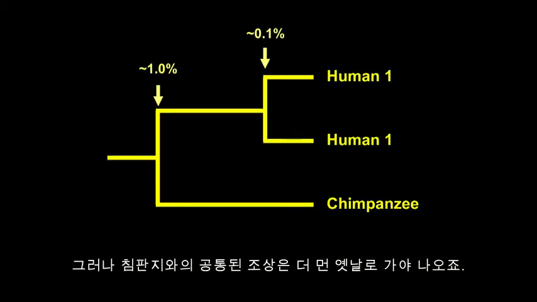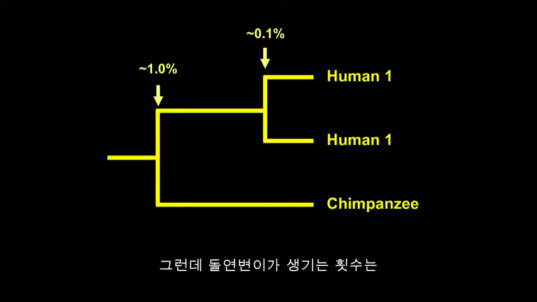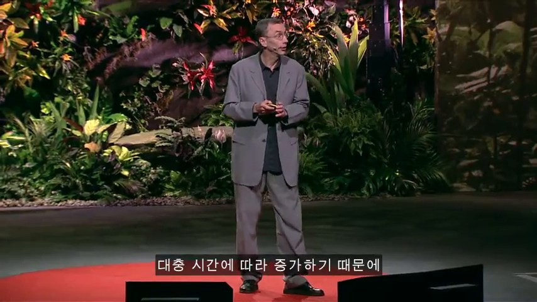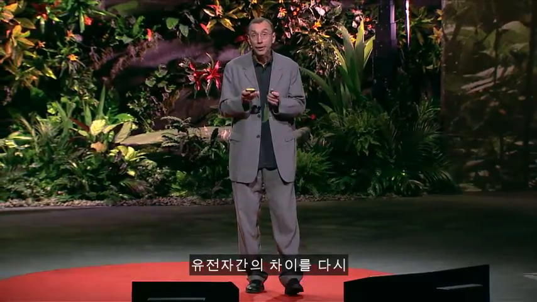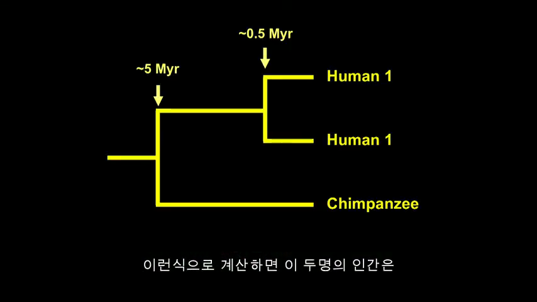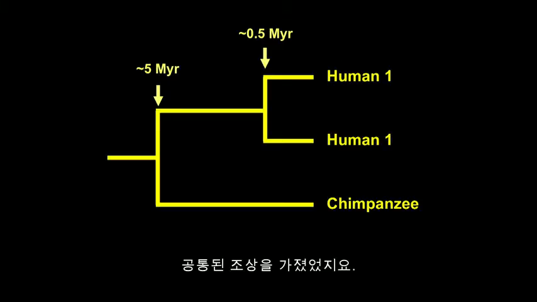Further back is one shared with the chimpanzees. And because these mutations happen approximately as a function of time, you can transform these differences to estimates of time, where the 2 humans typically will share a common ancestor about 500,000 years ago, and with the chimpanzees it will be in the order of 5 million years ago.